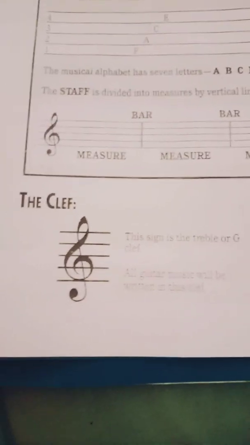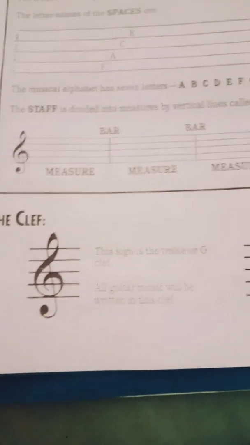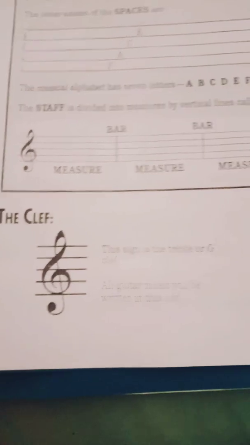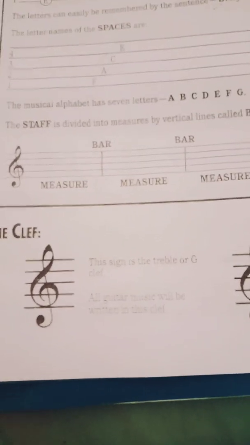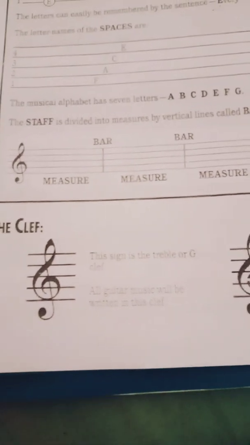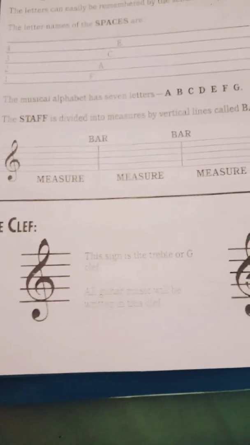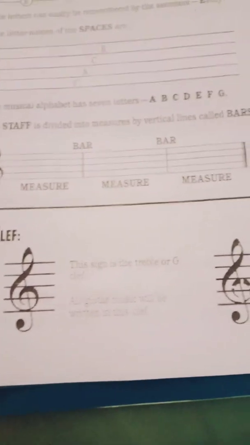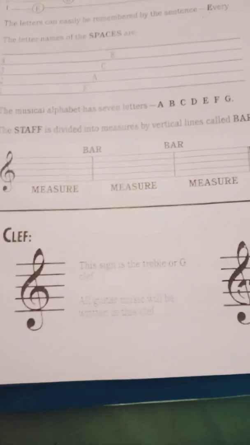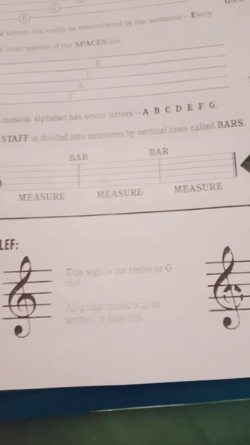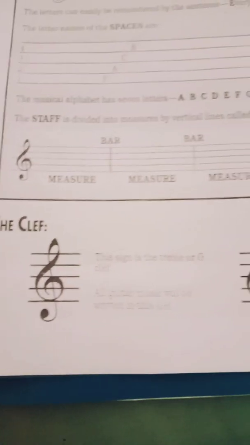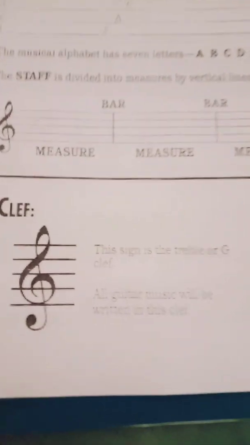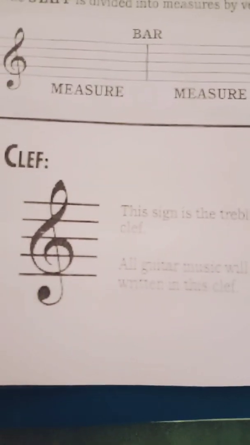Now there is a bass clef as well, and there are many instruments like the electric bass, the double bass, the upright bass, the cello, the tuba, which are slightly lower frequency instruments, and they play in the lower register, and hence all the music that's written for those instruments is written in the bass clef. But since we are dealing with the guitar here, all of the guitar music is written in treble clef.